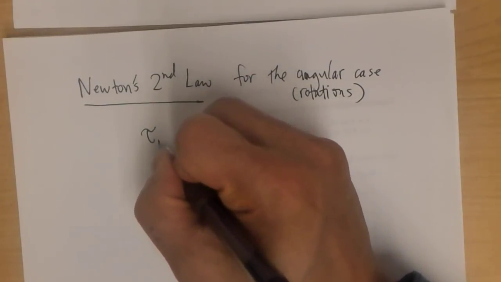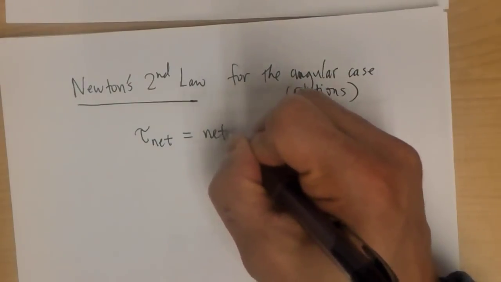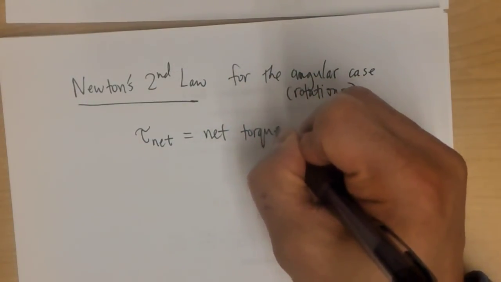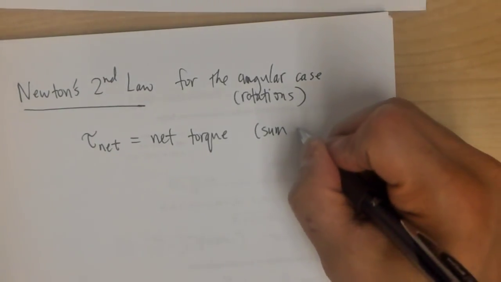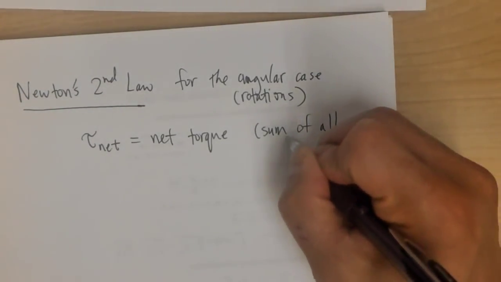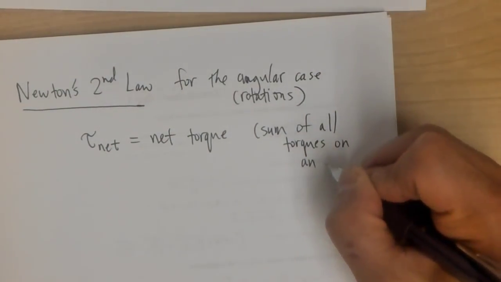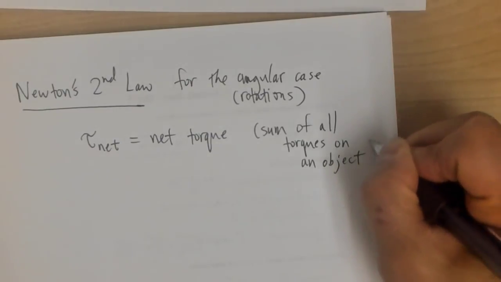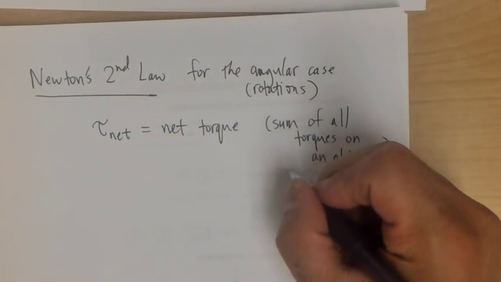Let's define the net torque. That's the sum of all torques on an object. Remember, you have to keep track of counterclockwise and clockwise. Your book likes to think of counterclockwise as positive and clockwise as negative.